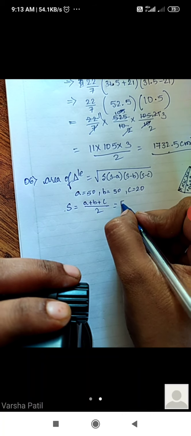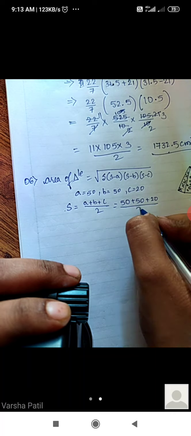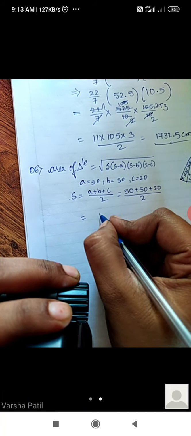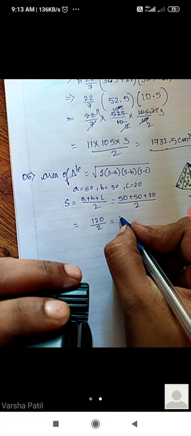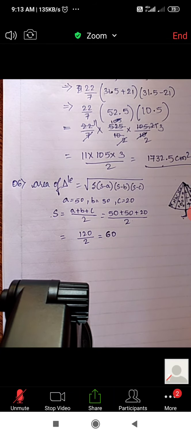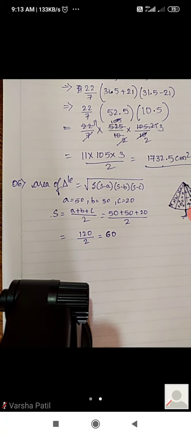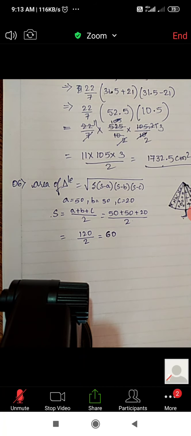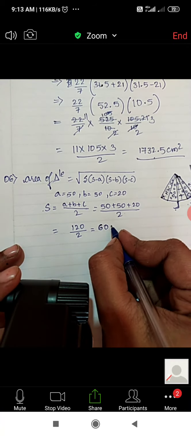How much is that? 50 plus 50 plus 20 is 120, and 120 by 2 is 60. So s is equal to 60 centimeter.